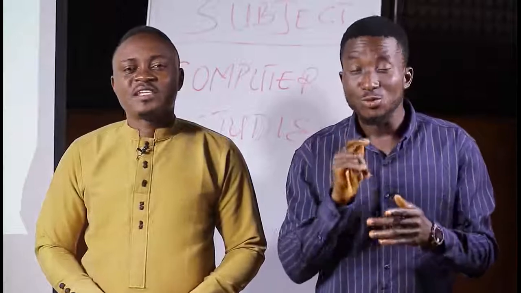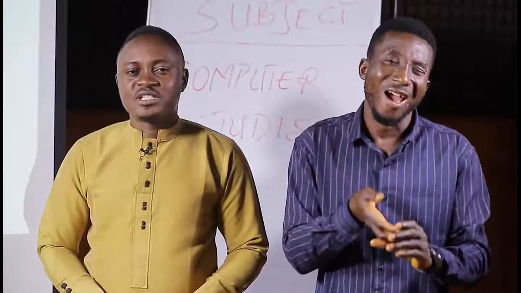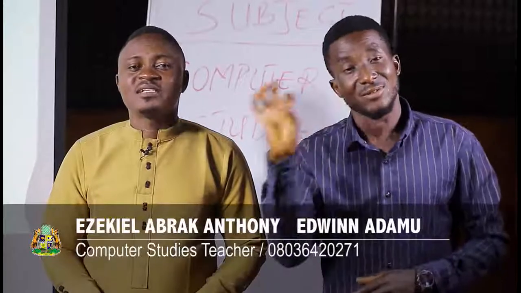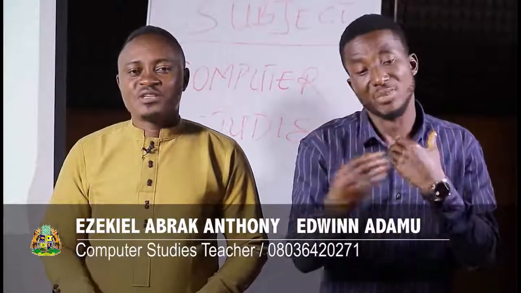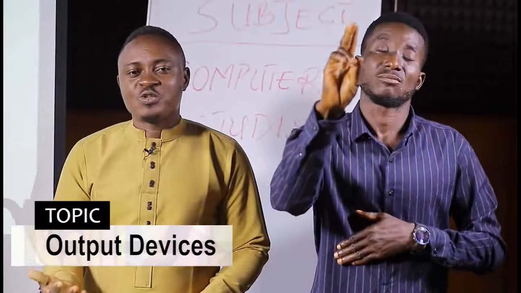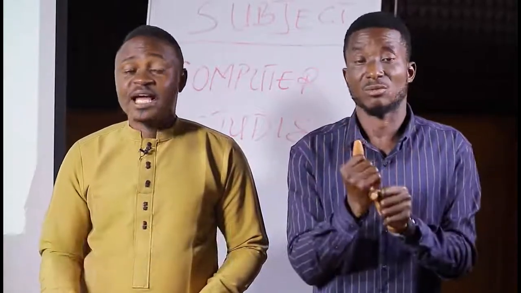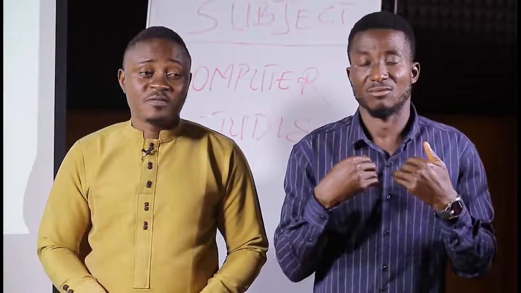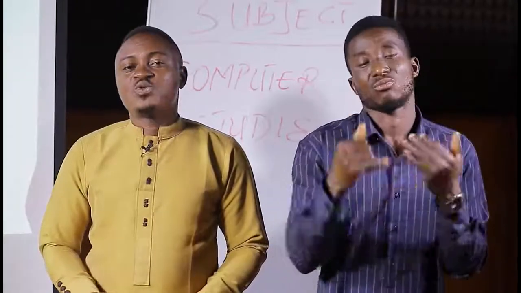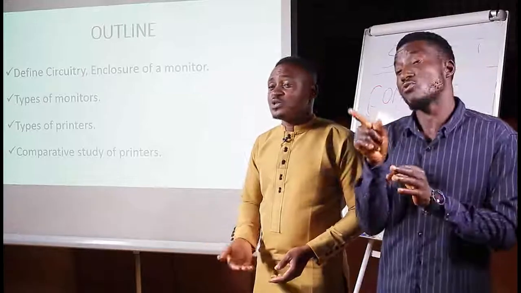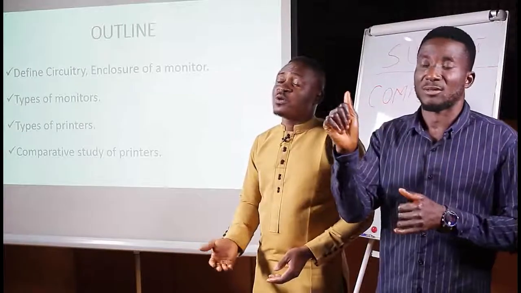These output devices are used to present you with your processed data. Like when you type a document and you want to print it out, you want to have a hard copy of what you have typed, you have it through the printer, which is an example of an output device. Likewise, you also want to play a video or an audio on your phone or on your laptop.